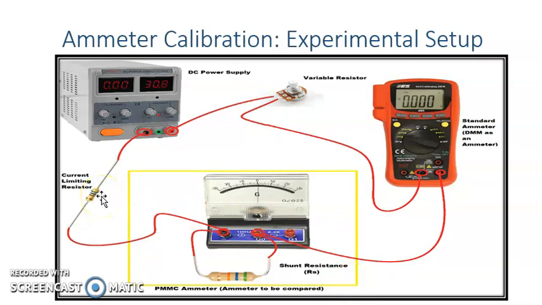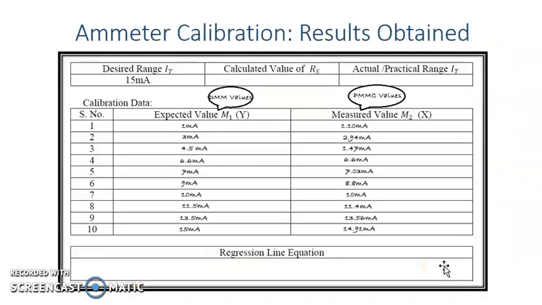This is a fixed value of resistor merely for current limiting purposes, and in this way this circuit is closed when this end is connected to the DC power supply. So varying the voltage directly or with the help of the variable resistor, we will note down different values of current, one from the accurate ammeter and the other set of values from the inaccurate one.